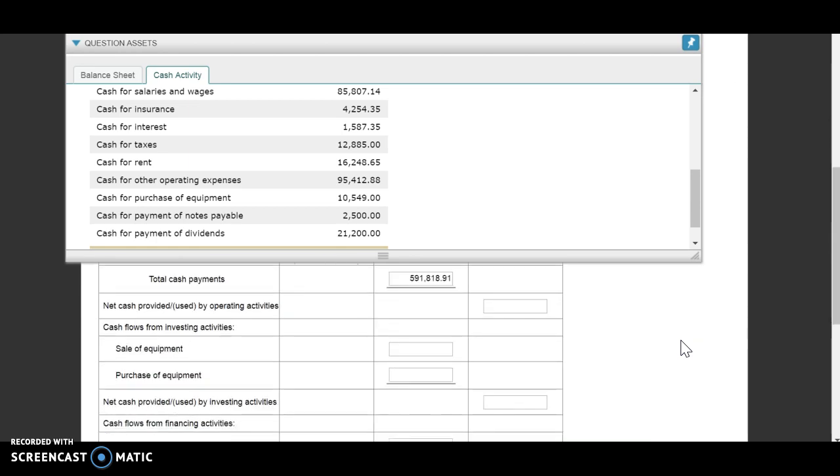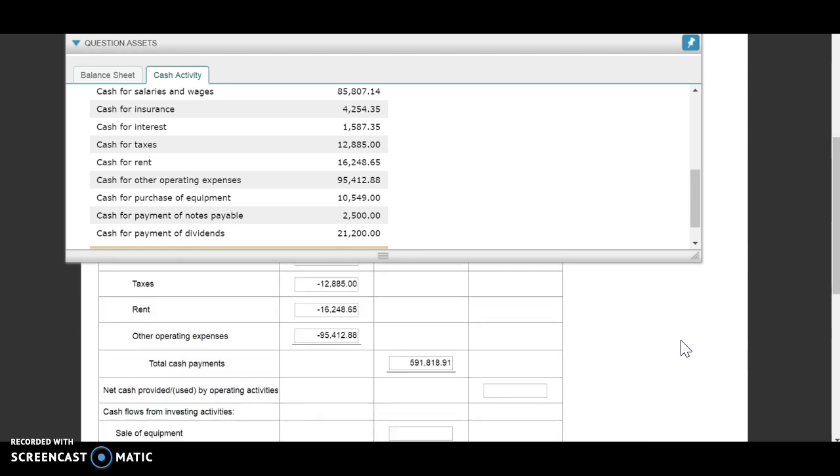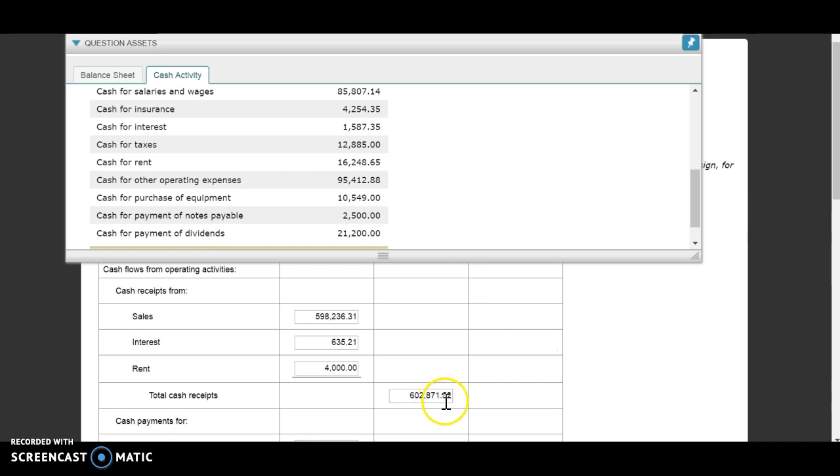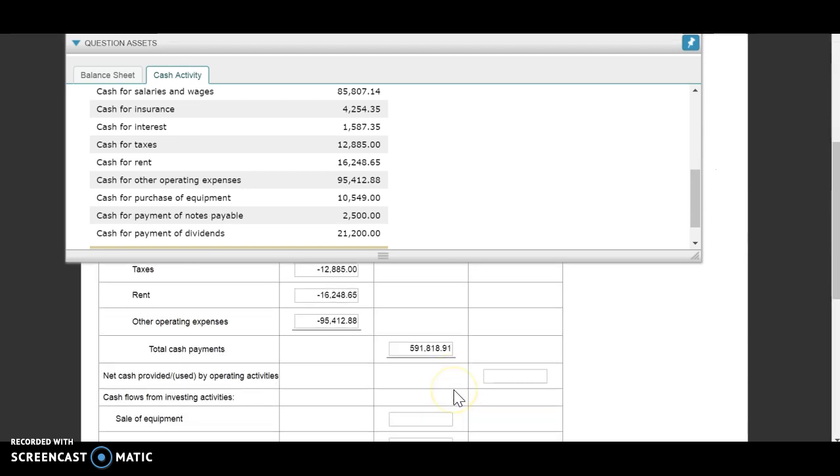Okay, now we need to figure out our net cash provided used by operating expenses. So we're going to take our total cash receipts. Oh, this should be a negative number. Forgot to put that in. Minus our cash payments. Our net cash will be $11,052.61.